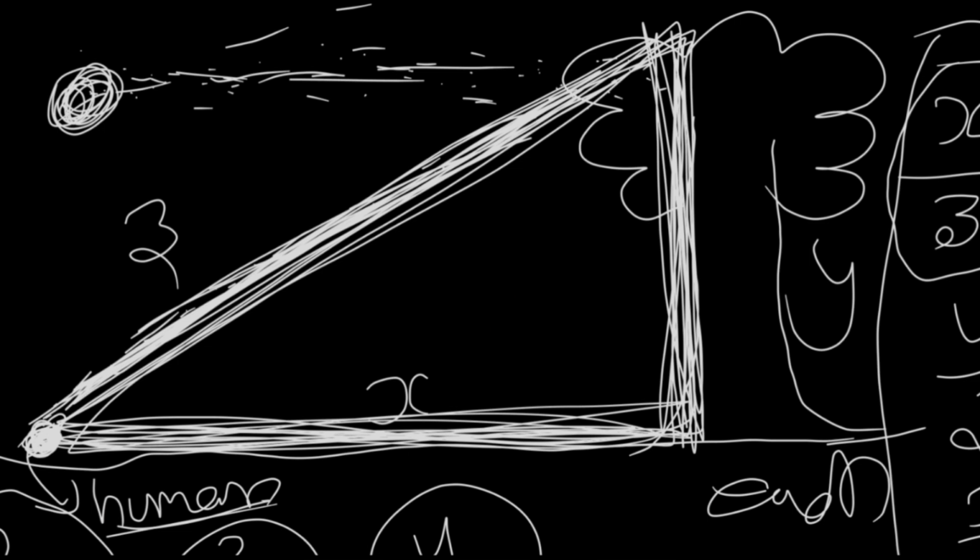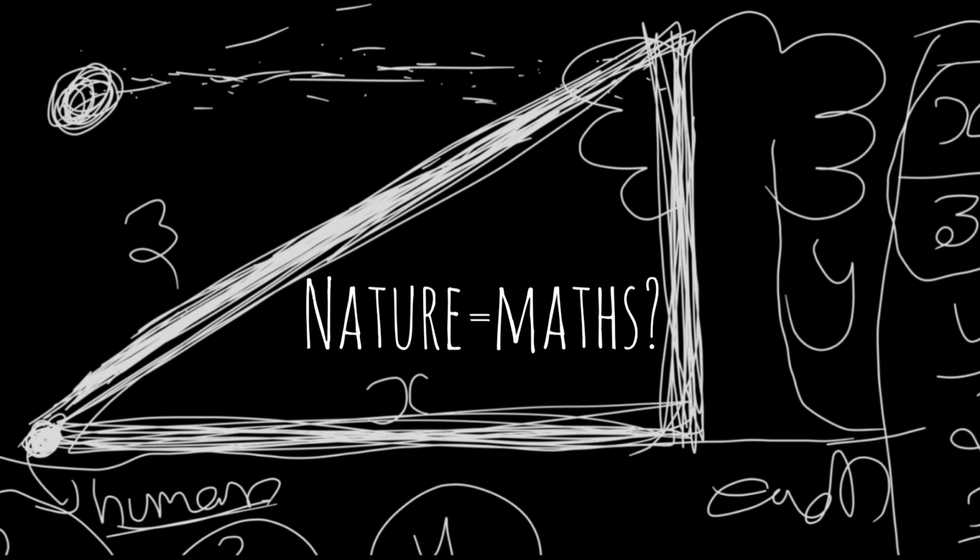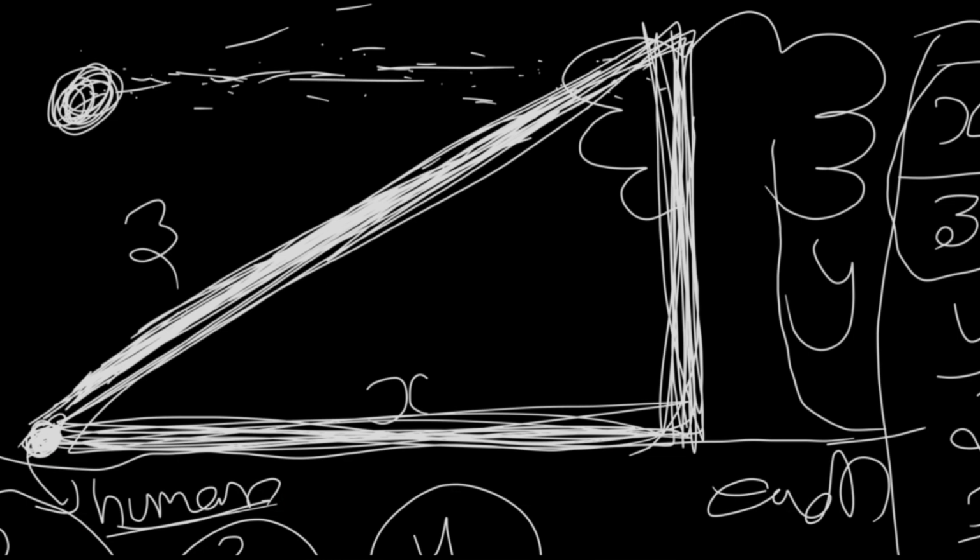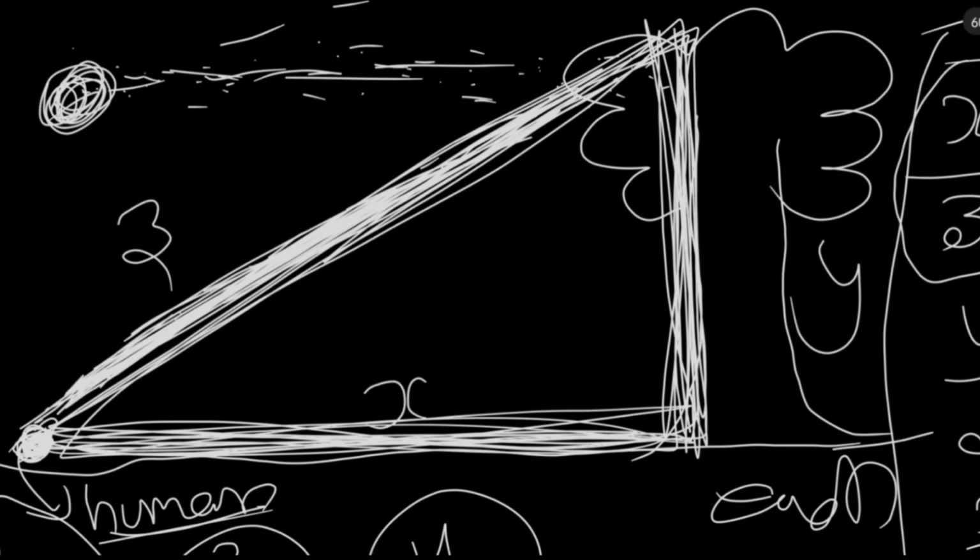Just think how important a triangle is in nature. That is why a triangle is very important in mathematics, because maths is just nature and nature is maths. They are both dependent on each other. It's a very interesting shape.